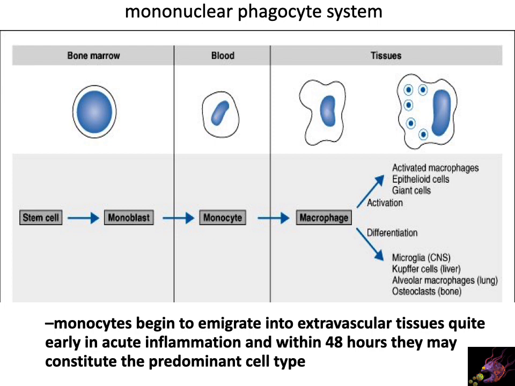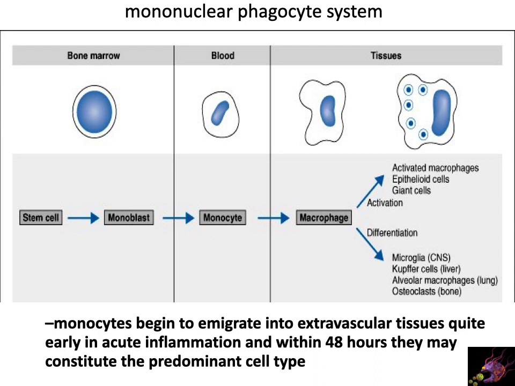And they will circulate, and depending on chemical stimulation, cytokine stimulation, they go to where the inflammation is, particularly in the tissues, in which case it becomes enlarged, it becomes bigger, it acquires more cytoplasm, and at which point it is now known as a macrophage. Okay?